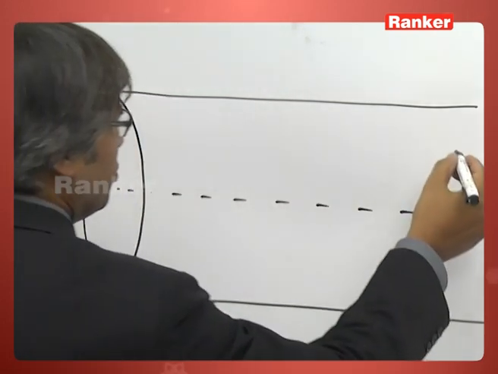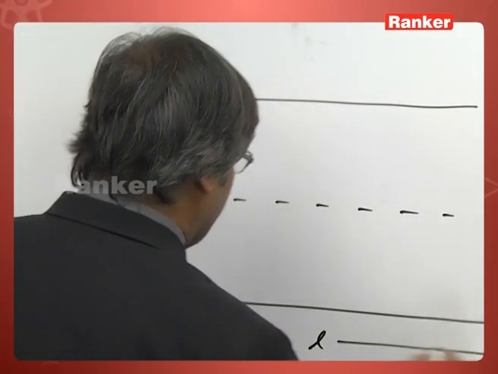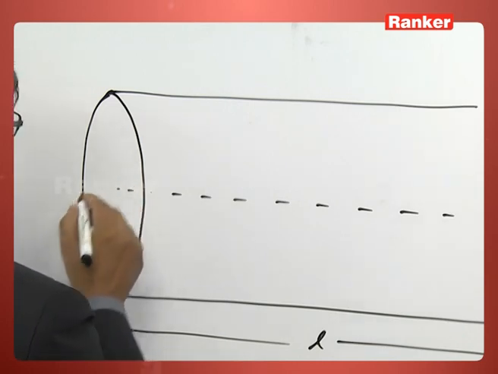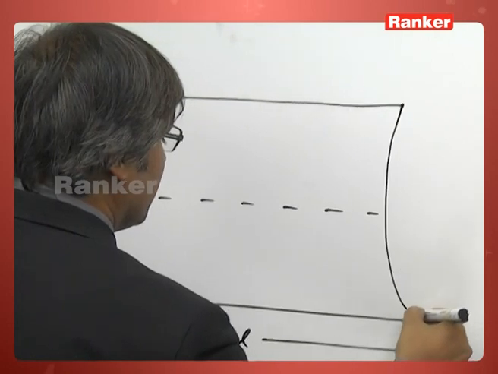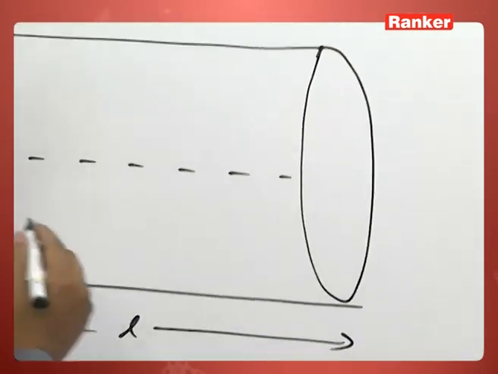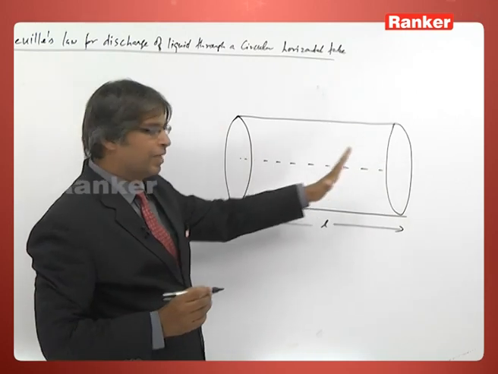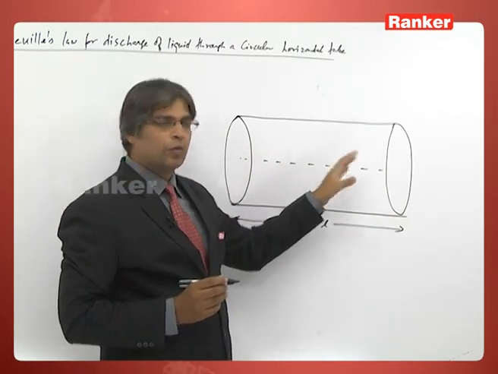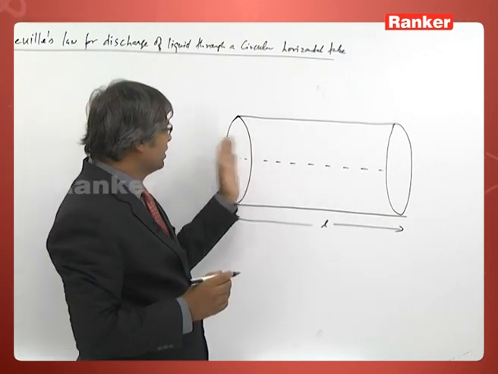Across the two ends I have taken this length as L, and here we have an excess pressure of P. That means there must be a pressure difference so that the liquid will flow. So we have maintained a pressure difference of P here.